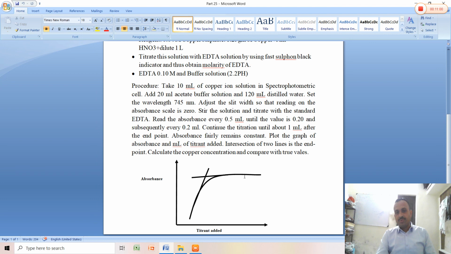Now we take the intersection of this line and this line, and this point is nothing but the equivalence point of the titration. With the help of this equivalence point, we determine the concentration of copper 2 present in that particular test solution. So with this content, I conclude this lecture. Thank you very much for your patience listening.